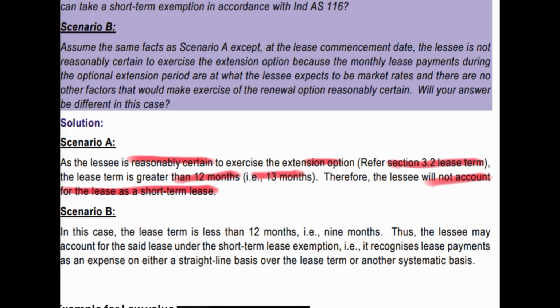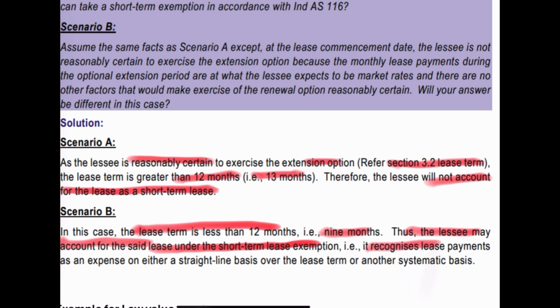So will your answer be different in this case? Yes, the answer will be different because the lease term is less than 12 months, that is only 9 months. Thus the lessee may account for the said lease under the short-term lease exemption.